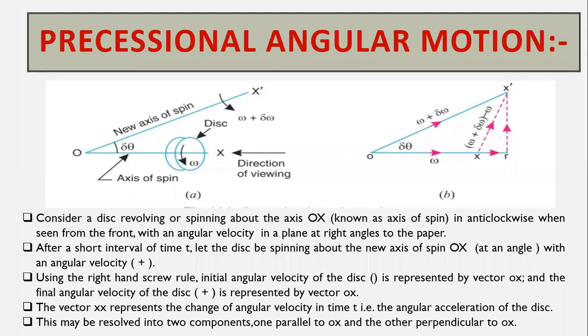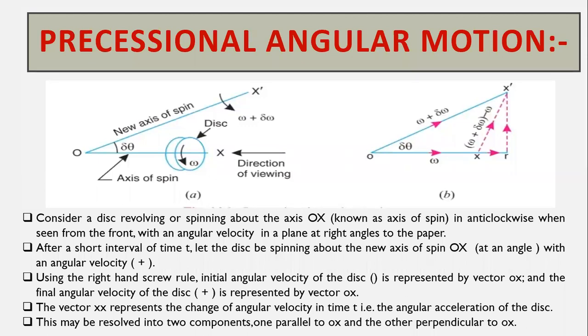So if it moves from the OX axis to the OX dash axis, that is the active couple, the active force, and next it comes from the new axis of spin back to the axis of spin in the reactive force. That is the main difference here.